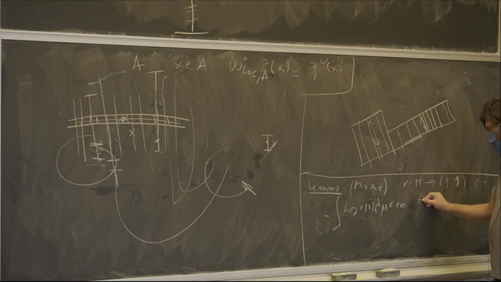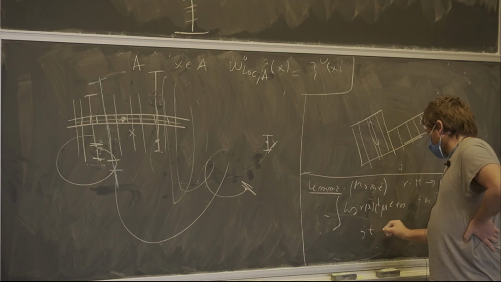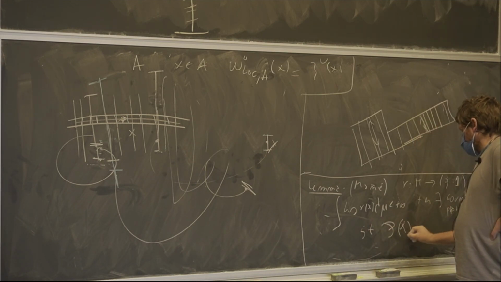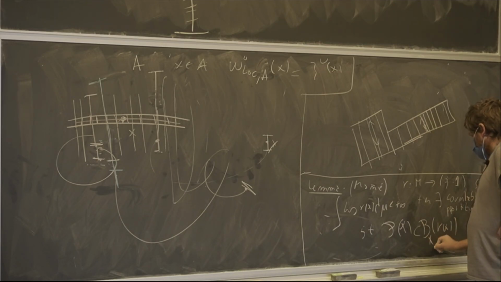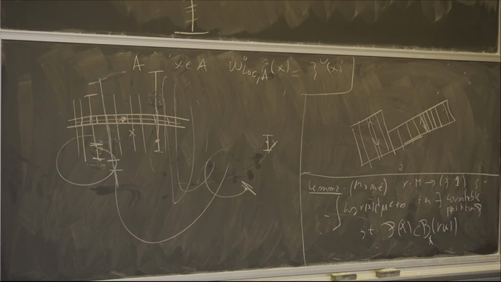Then there exists a countable partition P. So it's not finite, but it's countable, such that the atom P of x is always inside the ball centered at x with radius r of x, for every x, or almost every x, rather.